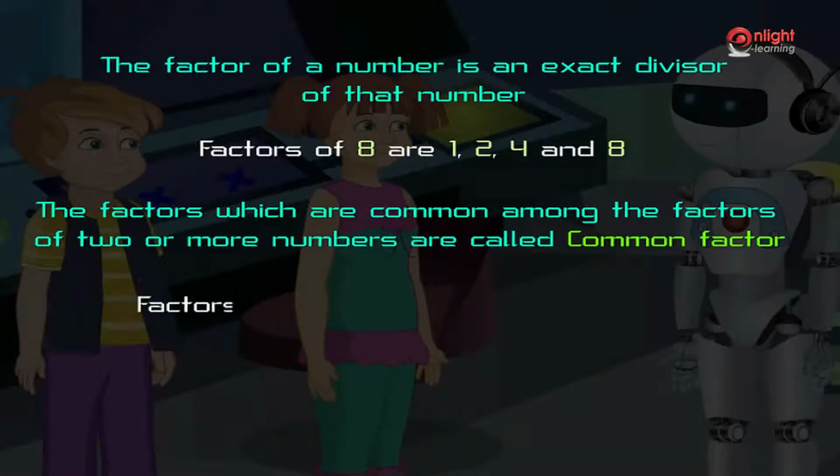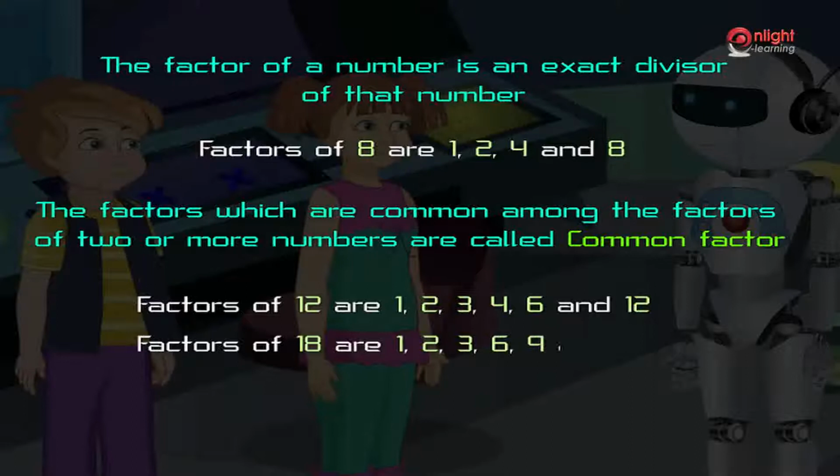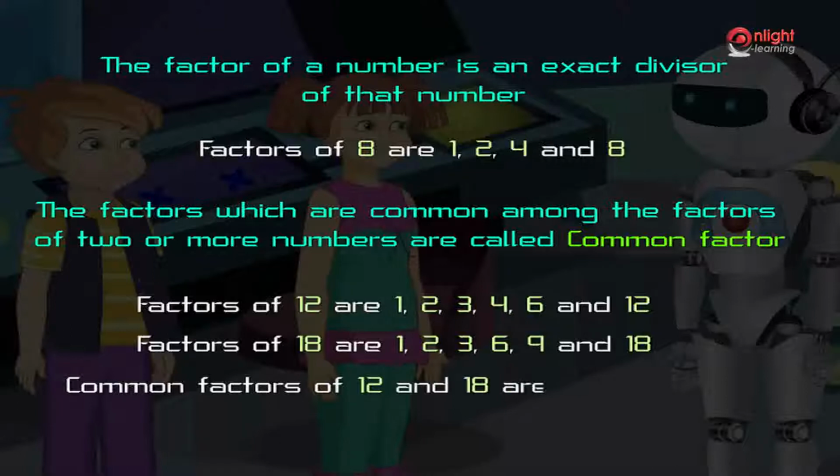The factors of 12 are 1, 2, 3, 4, 6 and 12. The factors of 18 are 1, 2, 3, 6, 9 and 18. The common factors of 12 and 18 are 1, 2, 3 and 6.